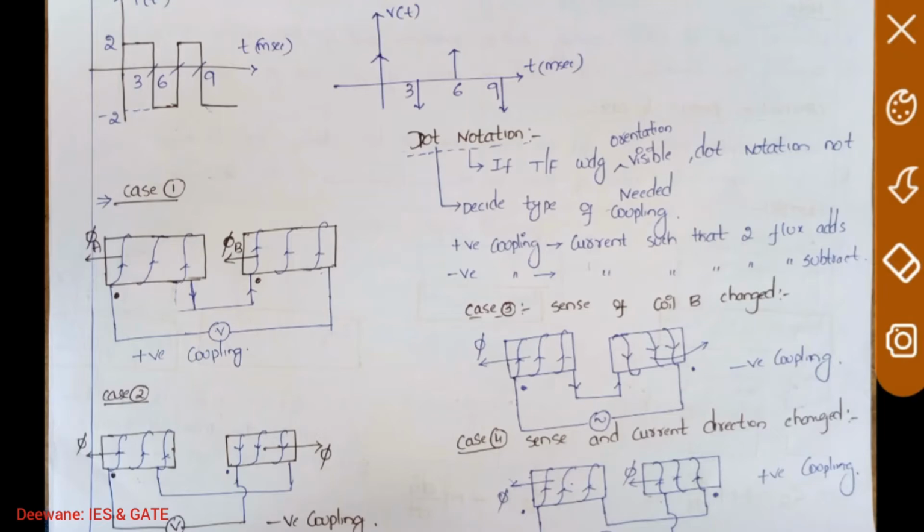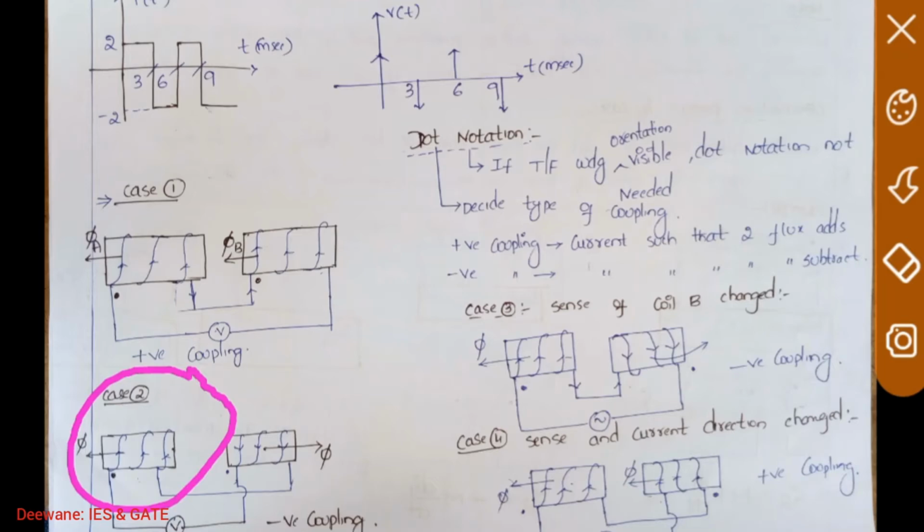In the first winding, the orientation on the core is kept the same. The second winding orientation is also kept the same.